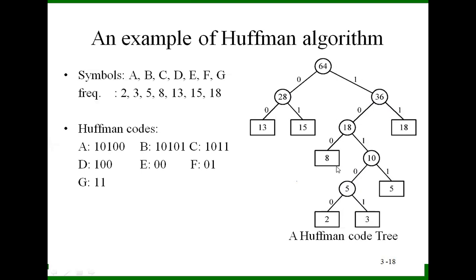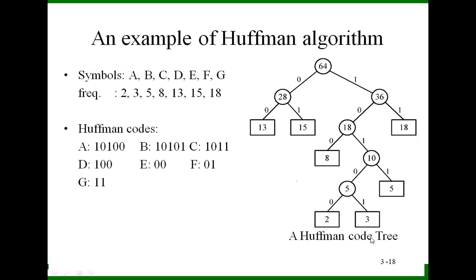For any symbol, when you want to find the code, start from the root node and go along that particular path to reach that particular node. Whatever bits are on that path, you write those bits for the symbol, and you will get the code.